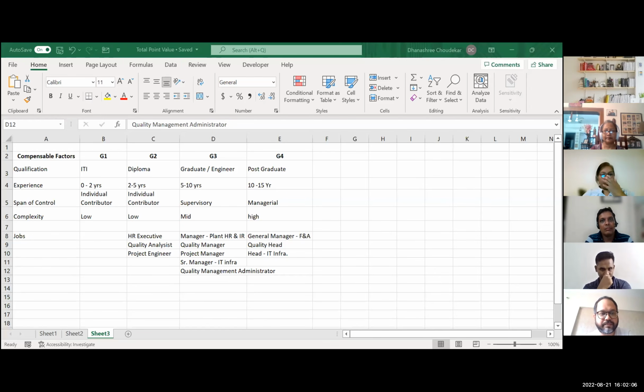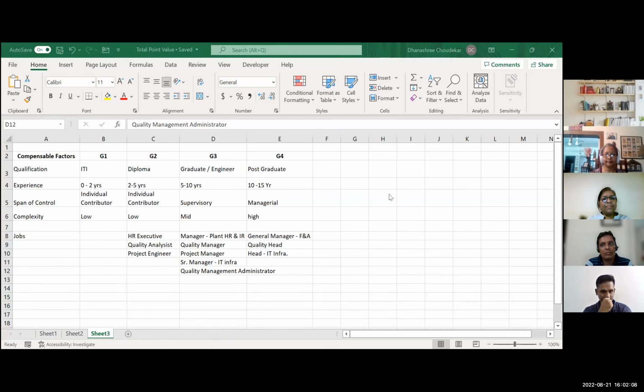This is how we have prepared the table wherein we have mapped 4 compensable factors: the qualification, experience, span of control, and complexity. We have made 4 grades based on these compensable factors and grading. We have mapped these 11 jobs in different grades.